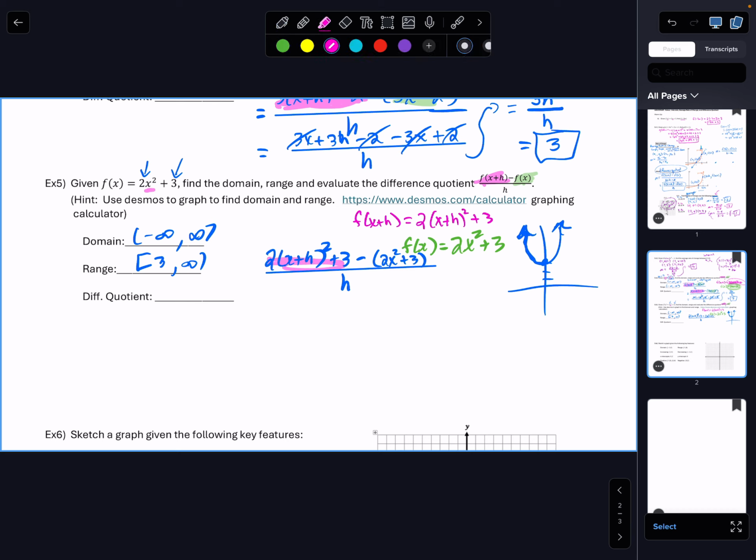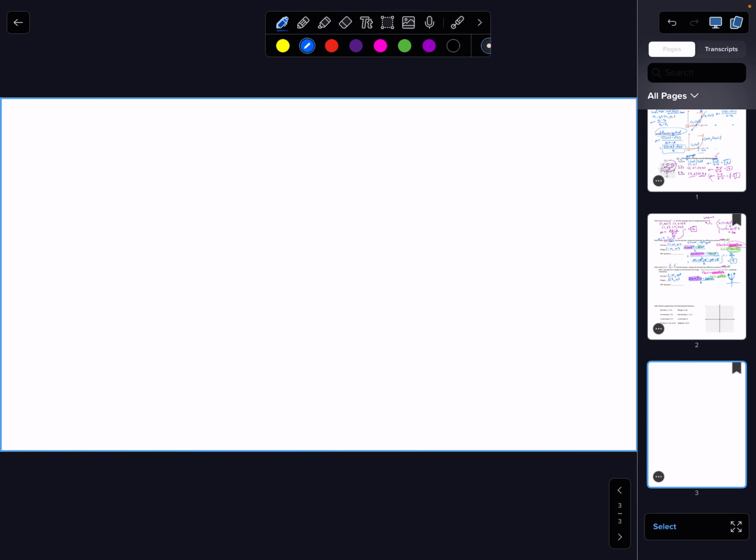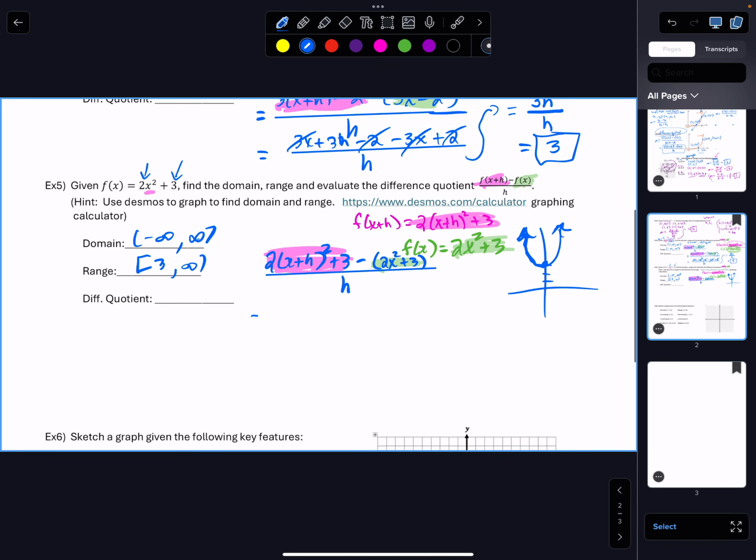So this is your f of x plus h. And this is your f of x. You're taking f of x plus h minus f of x. Then we're going to drop down, not that far. Have an equal sign, have your fraction bar centered with your equal sign.